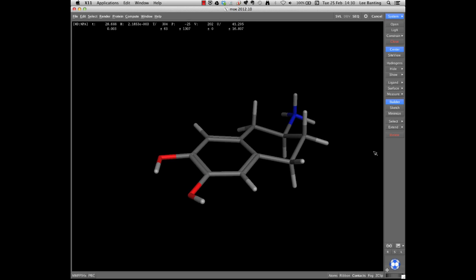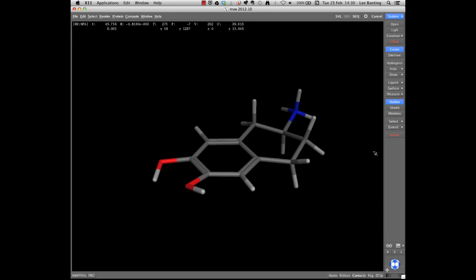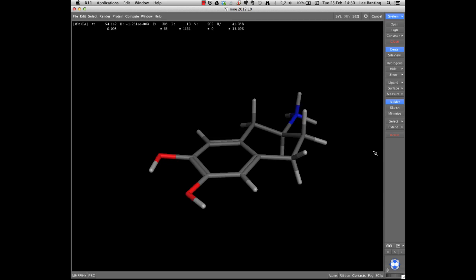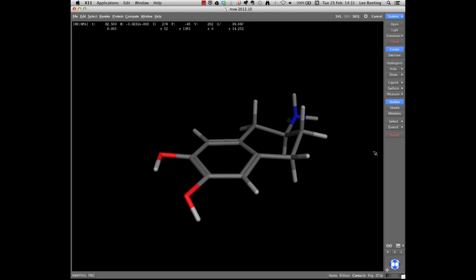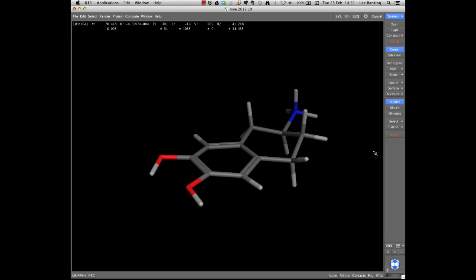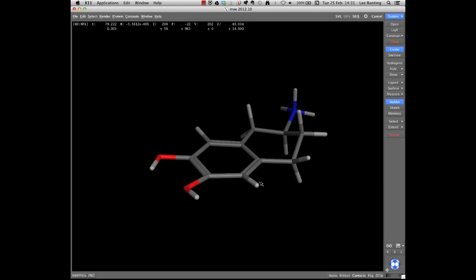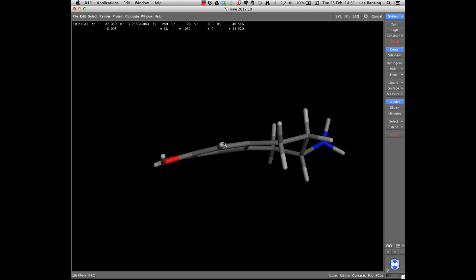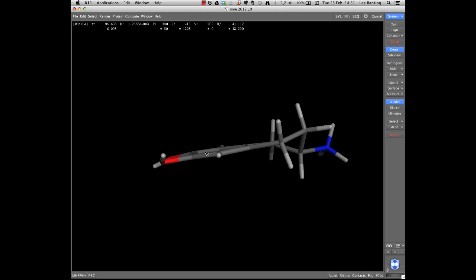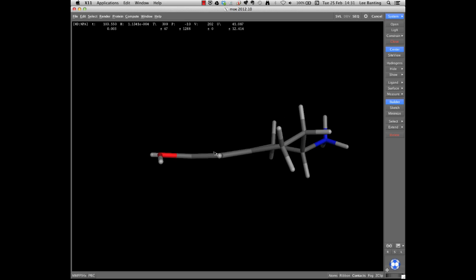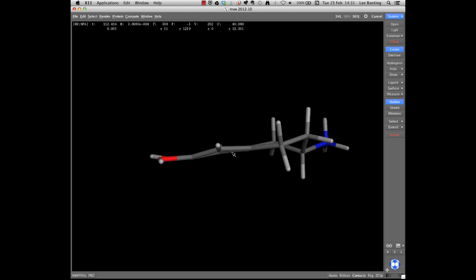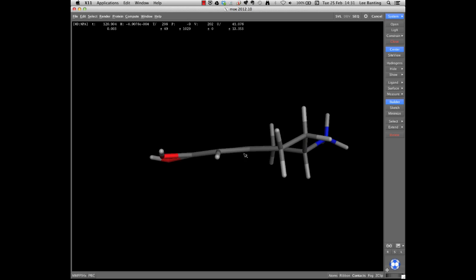So this is molecular dynamics in action, and we can see that this is quite a rigid molecule, and at a reasonable temperature, approximating body temperature, the molecule is only just jiggering around. You see the aromatic ring is bending a little bit, which is interesting, and in fact benzene rings do that in real life.